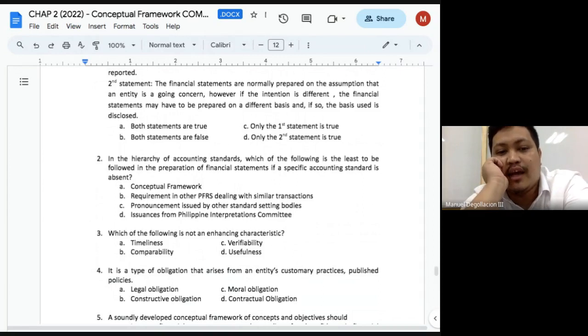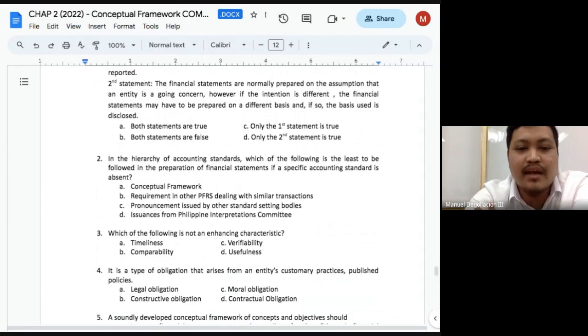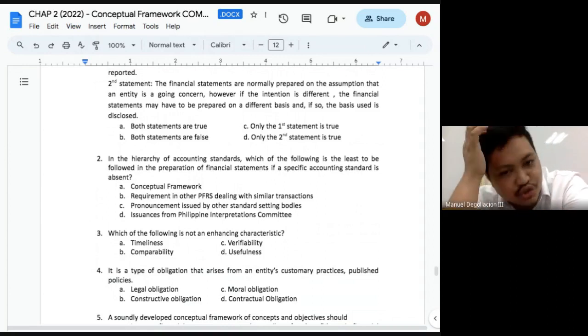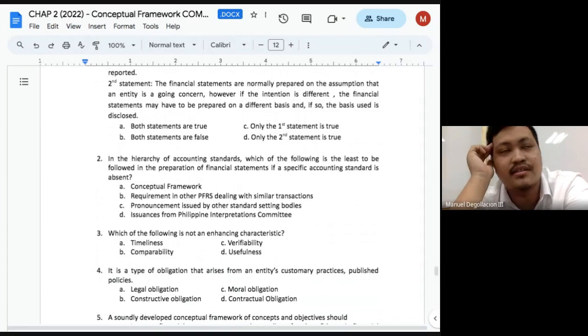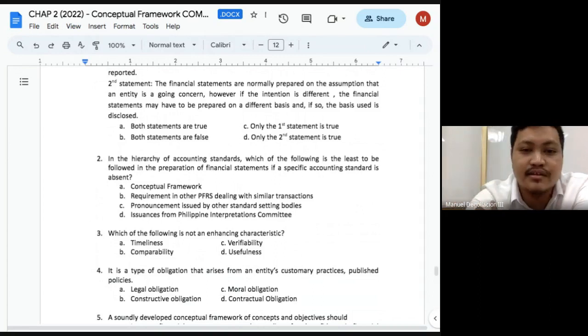Okay, and in trying to apply the framework, you may also make a reference to pronouncements made by other standard setting bodies. So I hope you understand why letter D is not the number one choice, because again, if letter D exists, it is a different scenario already. If there is an issued interpretation, then it's as if there is already an existing standard.